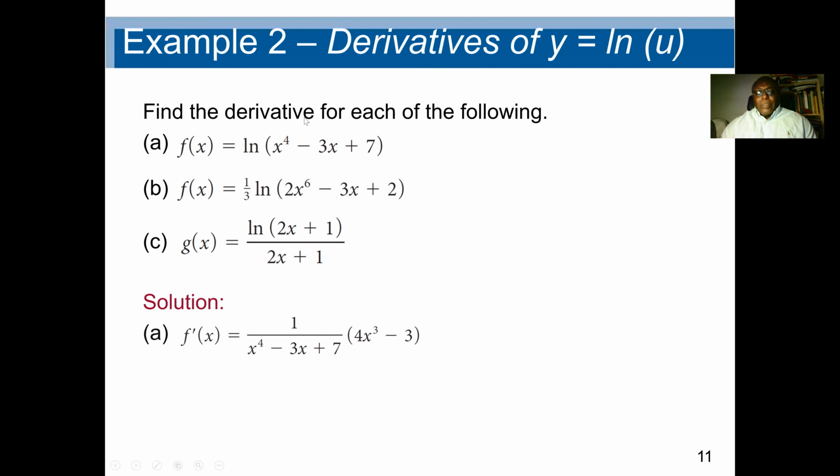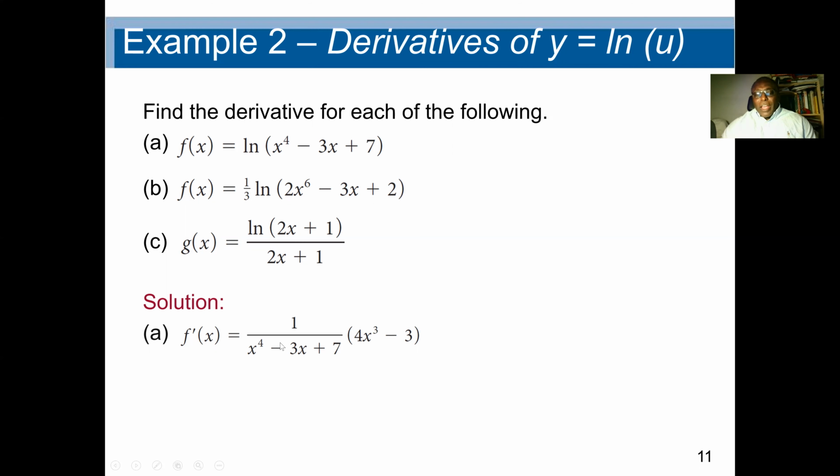So again, the derivative of natural log is 1 over the argument. So here we get 1 over x to the power 4 minus 3x plus 7, multiplied by the derivative of x to the power 4 minus 3x plus 7.